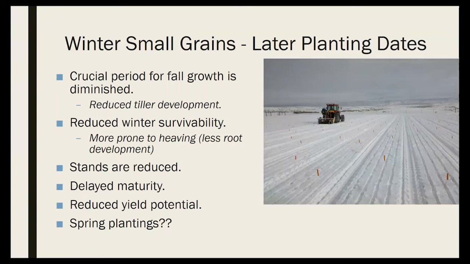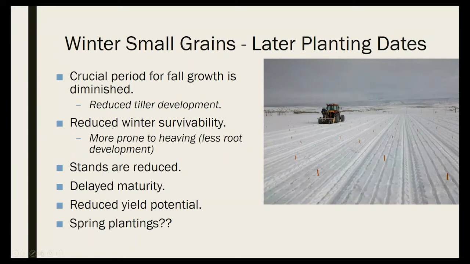When we plant too late, we diminish that crucial period of fall growth, that time when we need to get the crop up and start to put on some leaves and some tillers. We miss that, and so that's going to ultimately hurt our yield the next year.